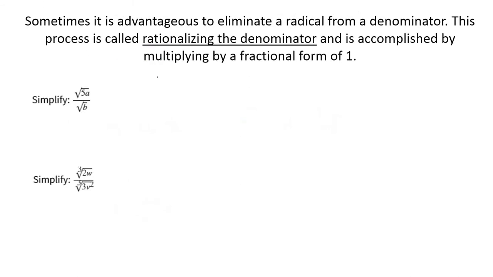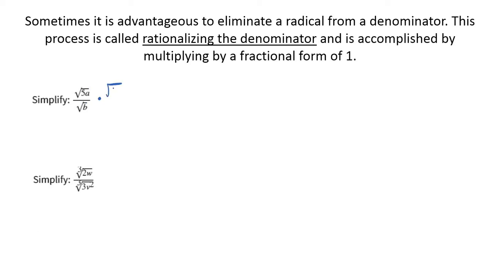Okay, now sometimes it's advantageous, right? It's helpful to eliminate a radical from a denominator. We call that rationalizing the denominator. We do that by multiplying by some fractional form of 1. Kind of like when you get a common denominator, you multiply like 2 over 2. But this time they're going to be radicals. So in this case, we want to get rid of that b in the denominator.